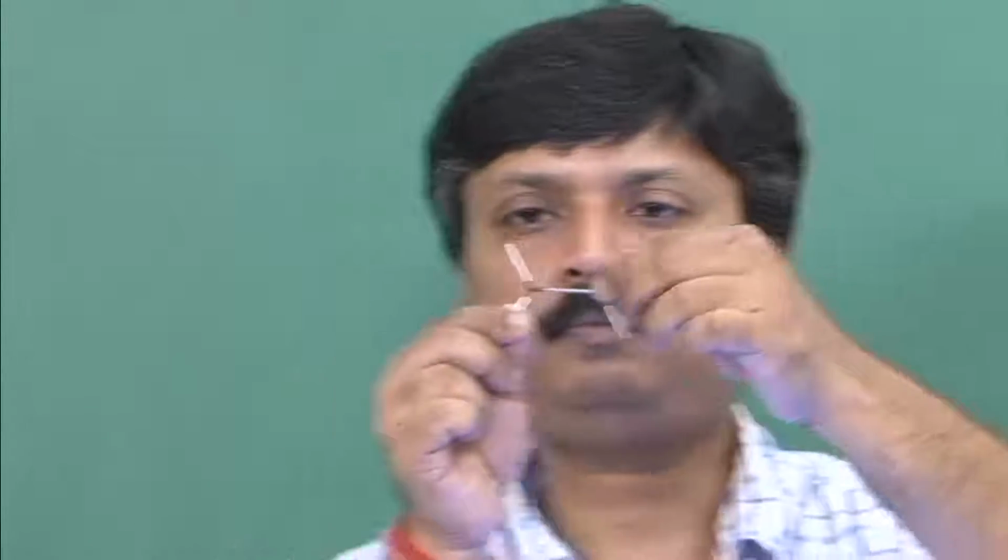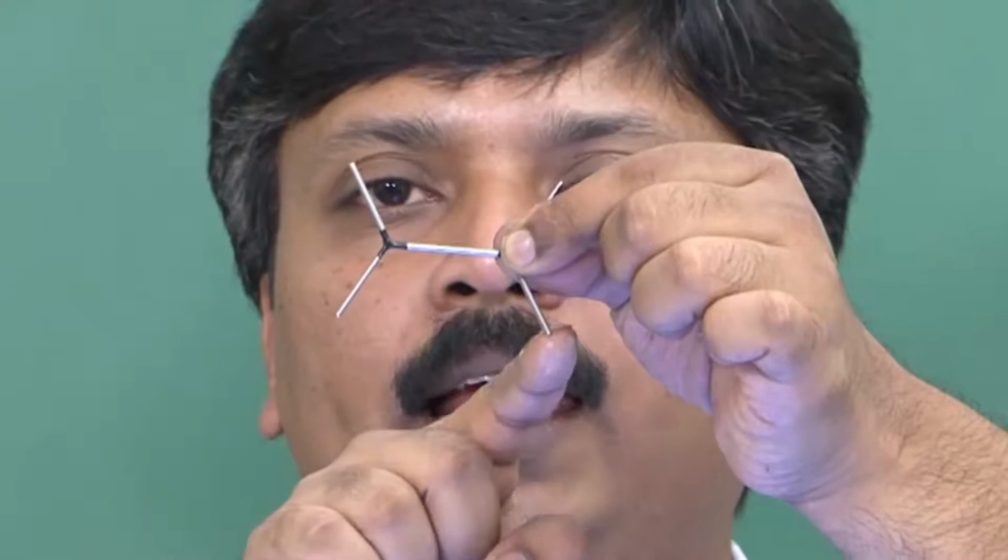So if I have started with A, B, C and D, then A will go to the position of C, C will go to the position of A, and B will take the position of D, and vice versa. So I have to start with A, B, C, D. Now after having this inversion symmetry, I have C, D, A and B, okay.